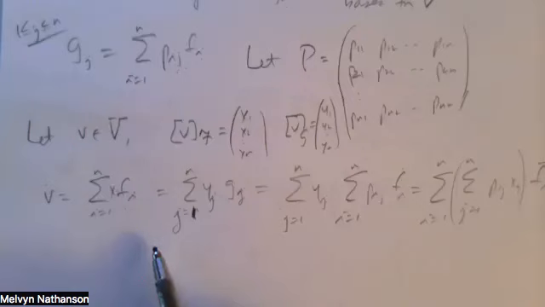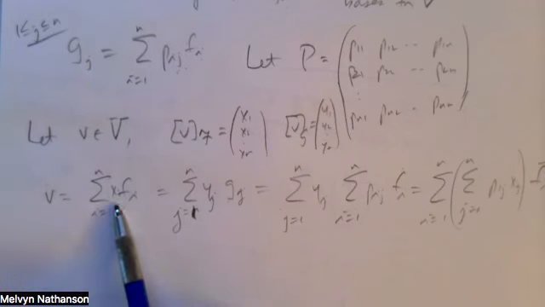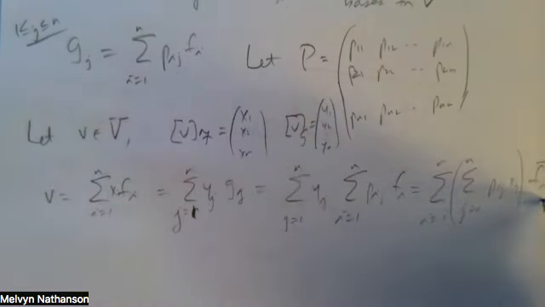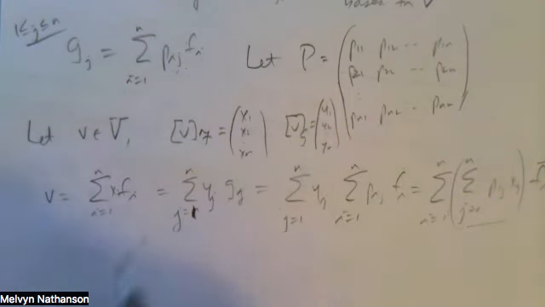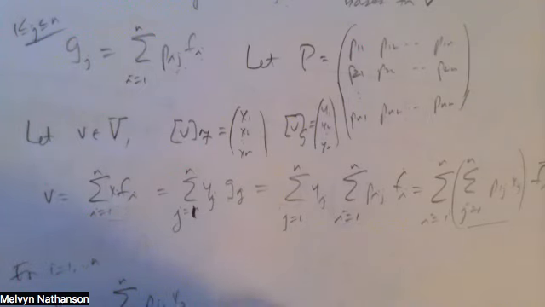So here I have v as a linear combination of the F's. v is a linear combination of the F's, so the coefficients have to be the same. So for i going from 1 up to n, x_i is equal to the summation, j goes from 1 to n, of P_ij y_j.